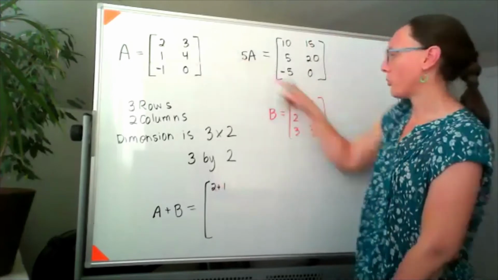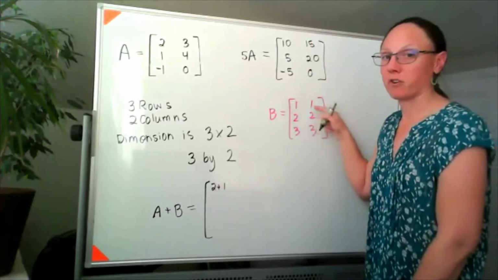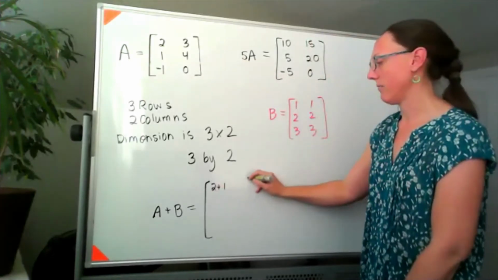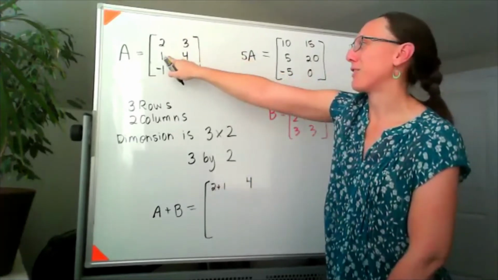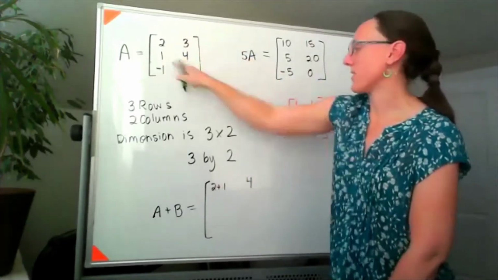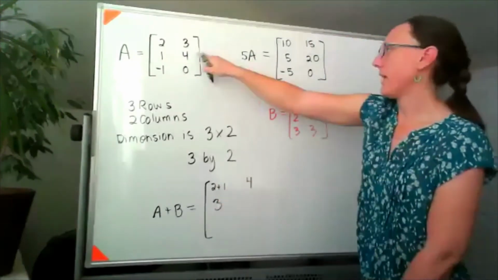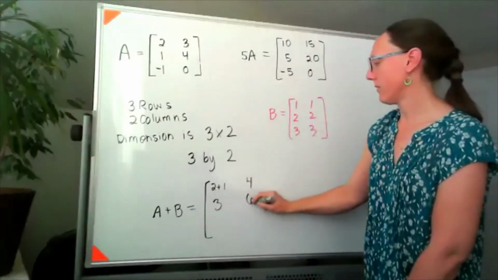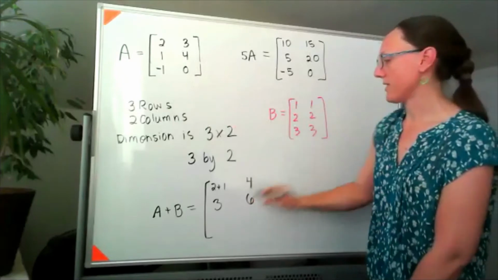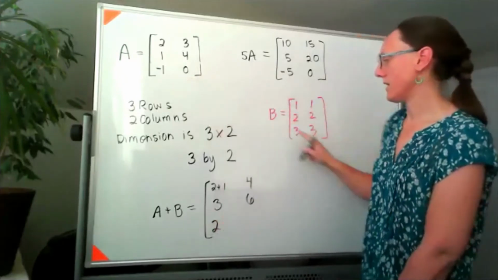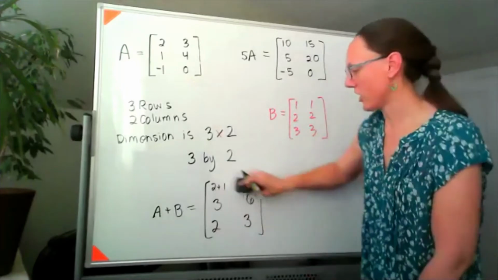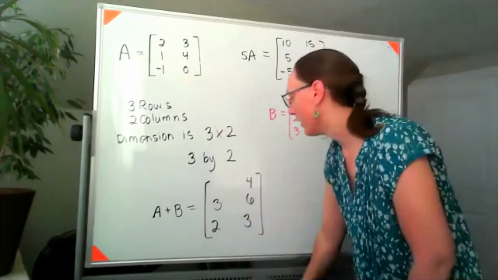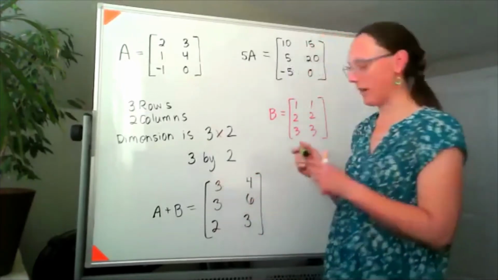And then I'd have 3 plus 1 for my first row, second column entry. For my second row, first column, I'd have 1 plus 2. And then 4 plus 2. -1 plus 3, and 0 plus 3. And I'll go ahead and change that 2 plus 1 over here to be a 3.